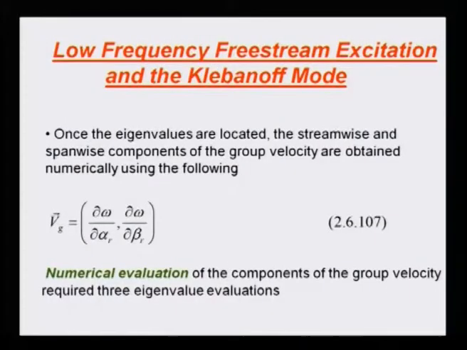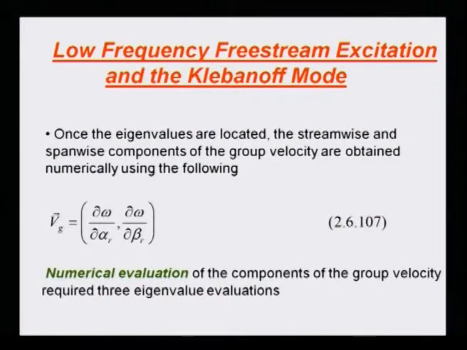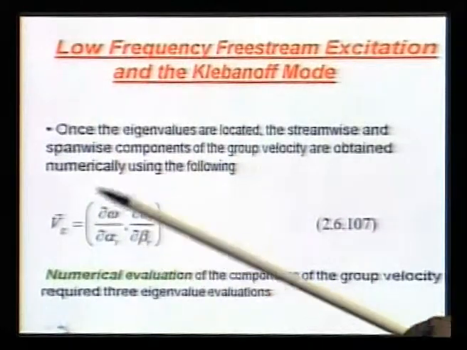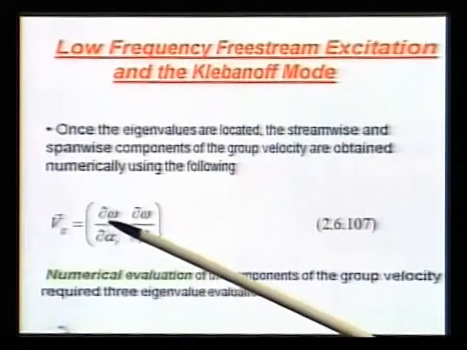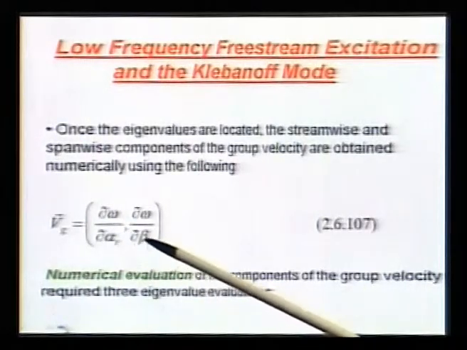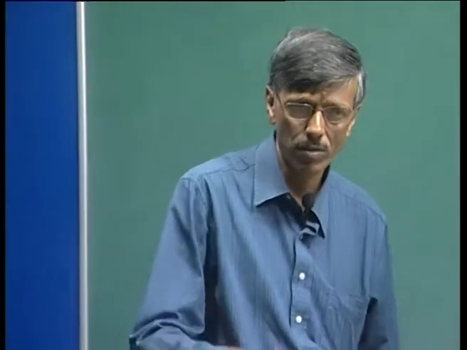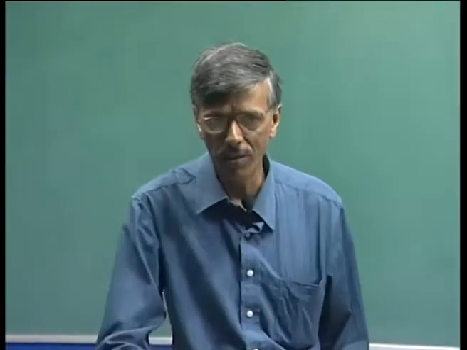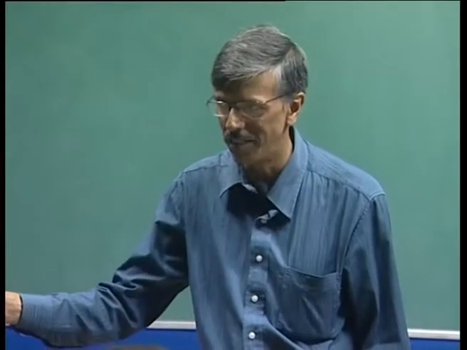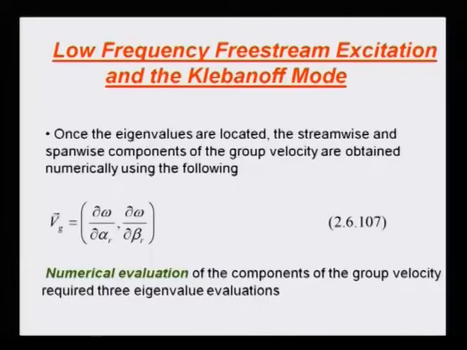What I could do is change omega naught to omega naught plus d omega. So the numerator I can get, and I can correspondingly find out what is happening to my delta alpha r and delta beta r. Delta alpha r would come from your eigenvalue evaluation. What about delta beta r? Well, we have those discrete values of beta: beta naught, 2 beta naught, 3 beta naught. So that is your delta beta.